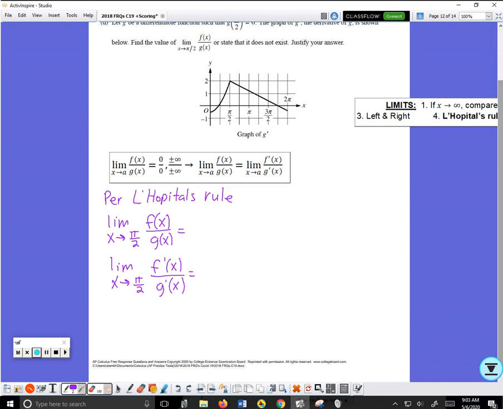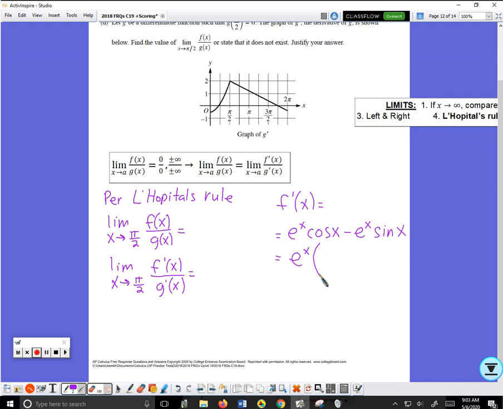For f, my f prime formula was e to the x cosine x minus e to the x sine of x. So the e to the x can factor out.